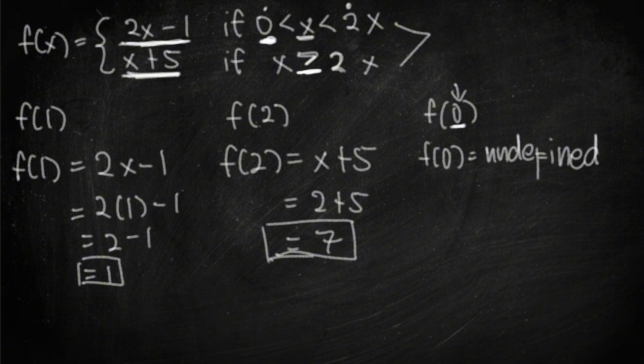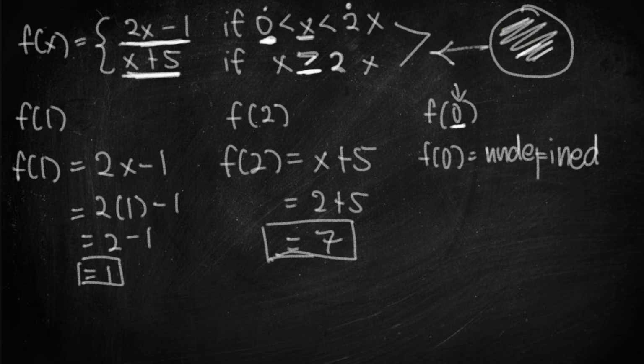Because in this specific piecewise function, the value of 0 does not fall in the domains of this function. This is the domain, so it does not fall inside this. So whenever you have a value of x that cannot be defined by any of these formulas, the answer is simply this, undefined.